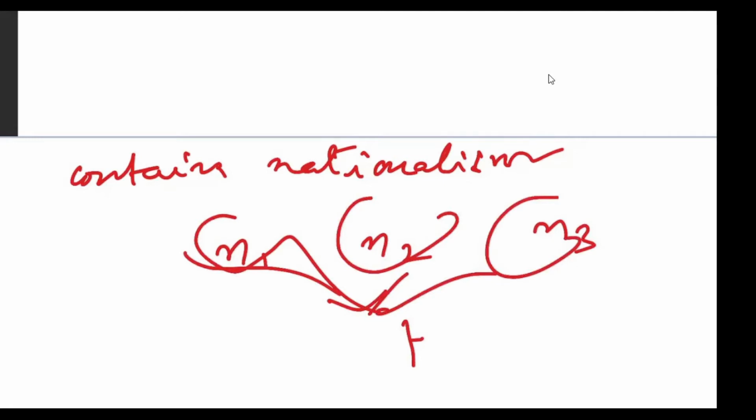So one kind of interdependence develops because of these functional agencies.